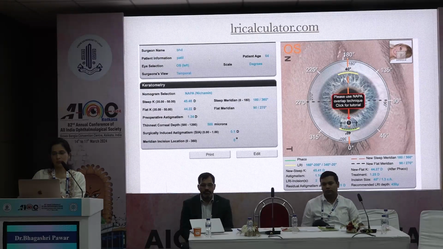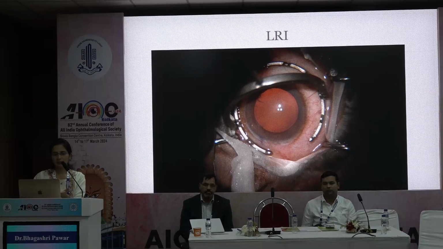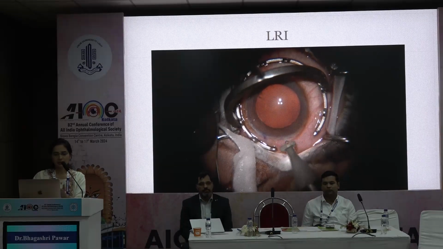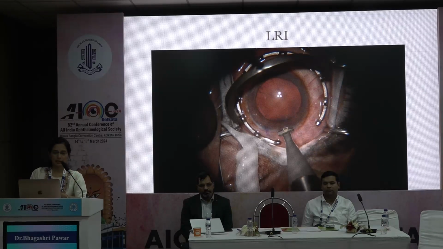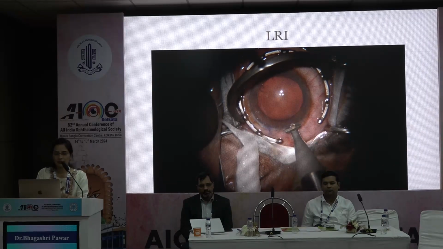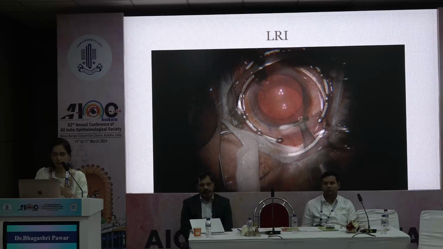For the same patient, I did the calculation with NAPA, and NAPA gives me two symmetrical 40-degree incisions, one of them overlapping with the phaco incision. Most of the time I follow this NAPA overlap technique, and this is how I do it. Initially, at the start of the surgery, rather than doing the full arc which is required, I just do a partial 30-degree arc, which is usually the breadth of the phaco incision.